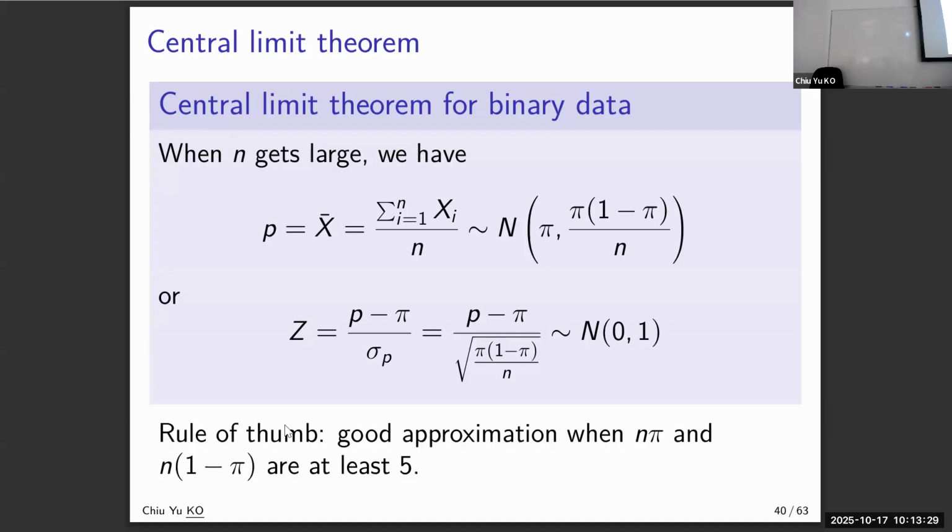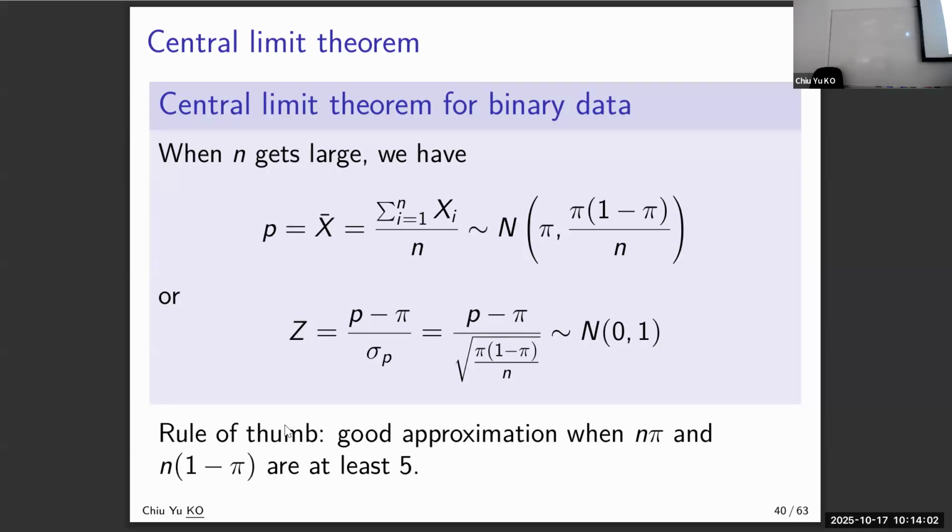But we don't worry too much about that. When we have the general case n is more than 30, this is a good approximation. Then you ask, when is it a good approximation? It will be when n times pi, or n times 1 minus pi, is more than 5.